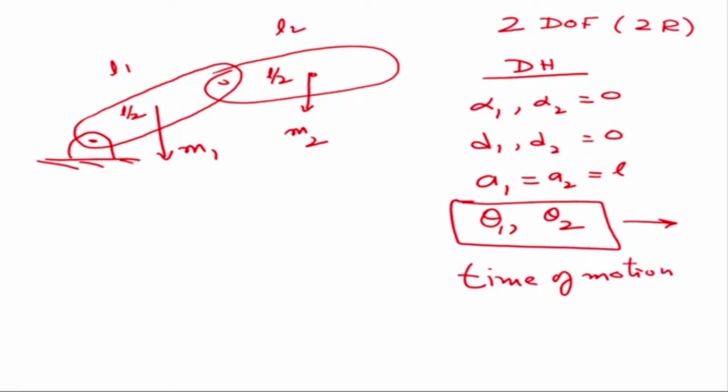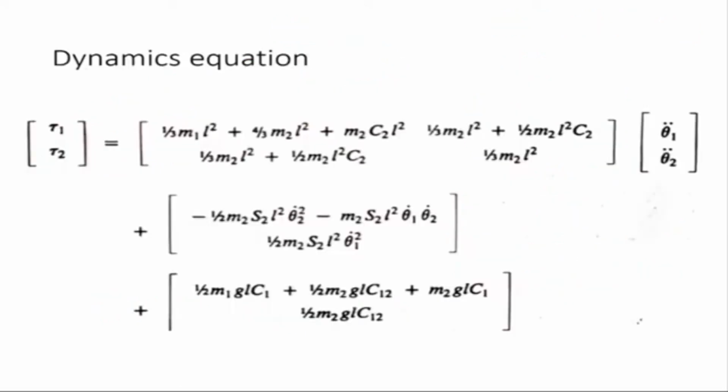In the last couple of classes we derived the dynamic equation using Lagrangian-Euler or Newton-Euler. In this particular case we are using Lagrangian-Euler dynamics, and if we write our dynamic equation using Lagrangian-Euler, the final equation for this manipulator comes out in this form: tau 1, tau 2 is equal to the D matrix, which is the inertia matrix, into the acceleration, theta double dot, in terms of t.